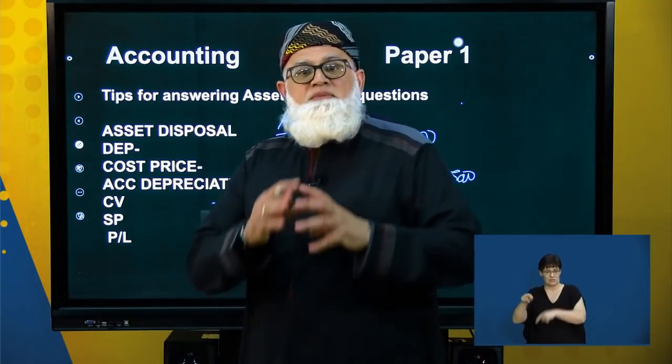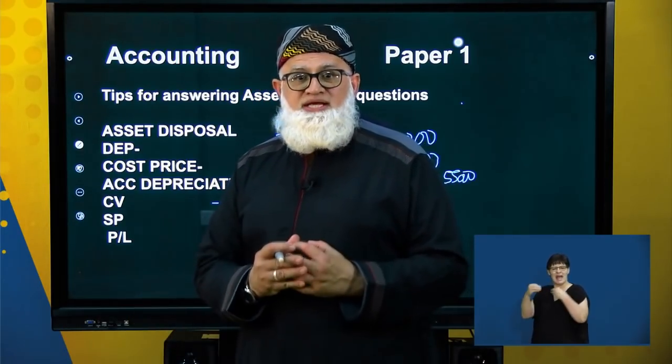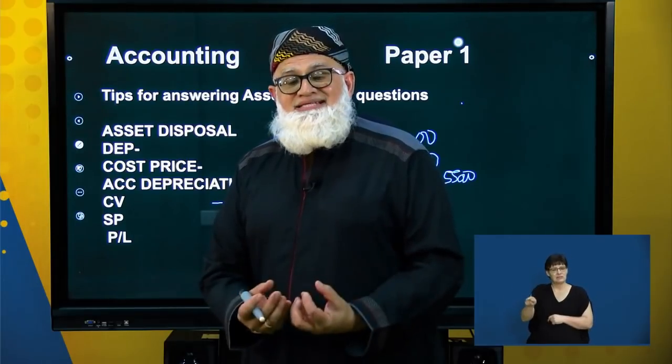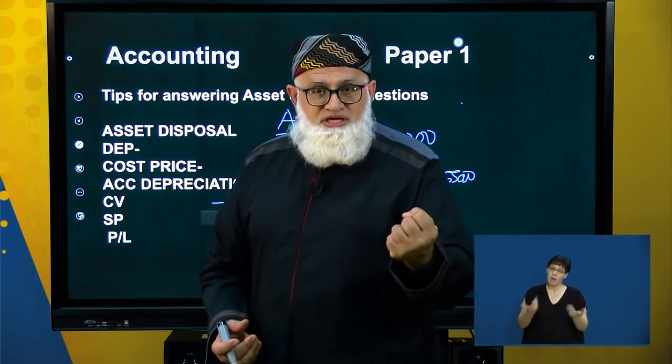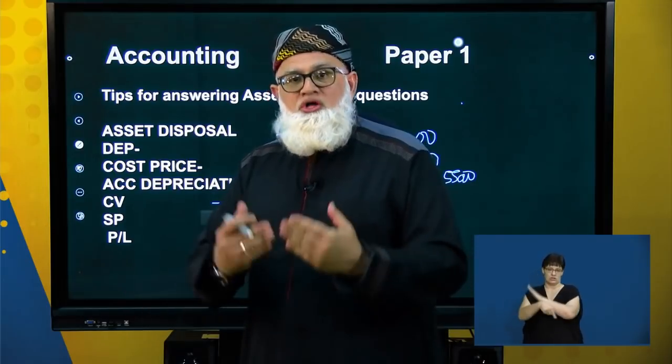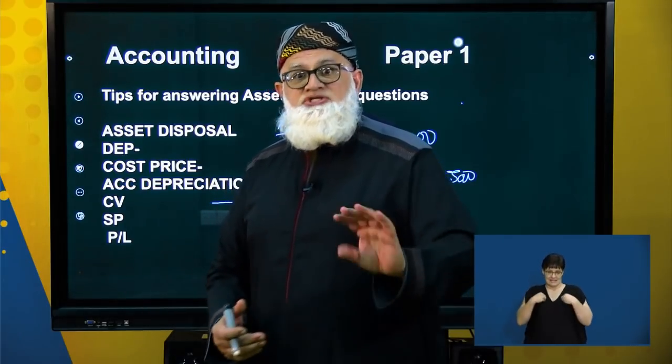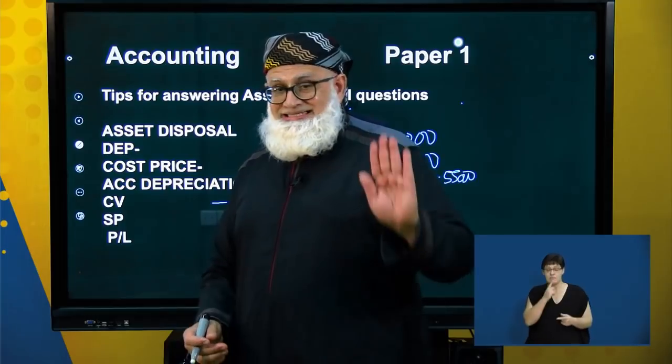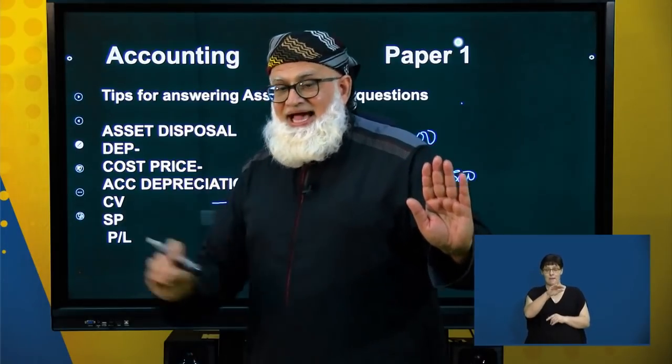Why? Because the purpose of your asset disposal account is to calculate either a profit or a loss on sale of asset. Right, so what we said, if you sell for cash, debit bank, credit asset disposal.